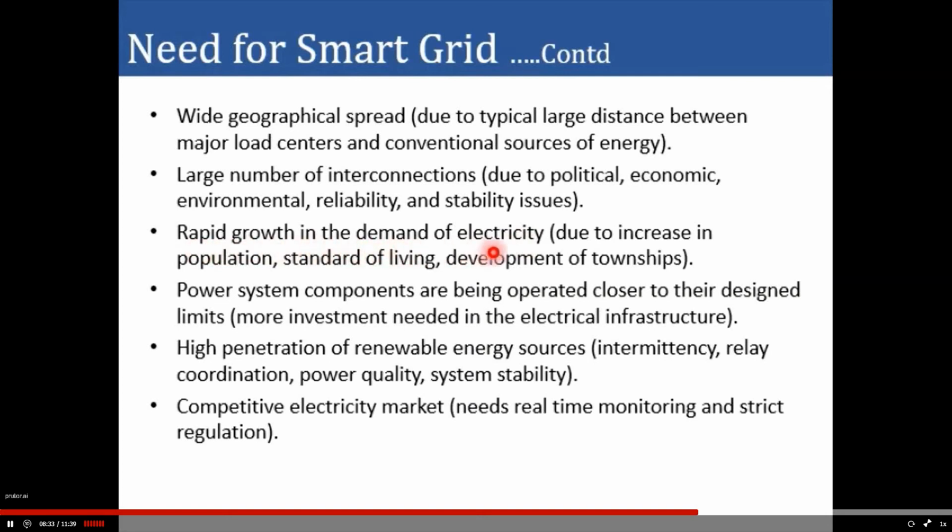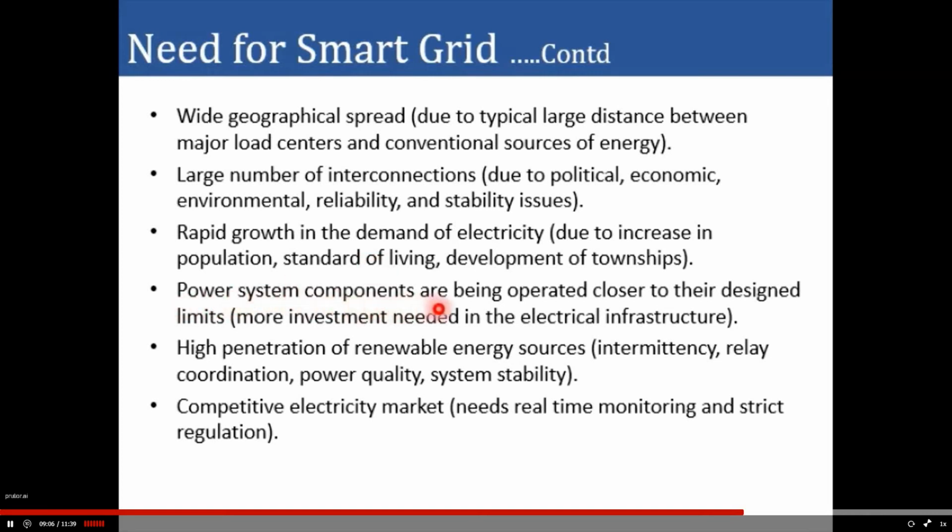So the growth is there, plus the spread of the growth is also different, where we have to have continuous monitoring so that we can address resource overloading. All those things are possible when we have proper monitoring. So the demand growth also needs to be monitored effectively for the healthy operation of the power system network.